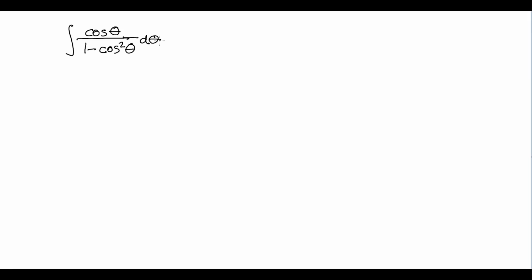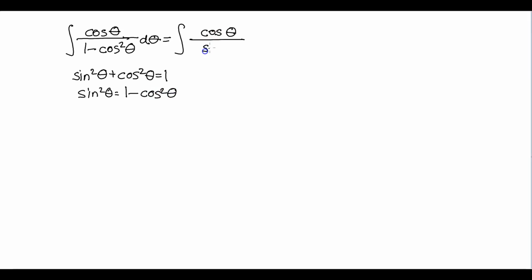So it looks like you give up. No, you do not. Because the bottom one should be kind of familiar to you. It's a trig identity. You could use the fact that sine squared theta plus cosine squared theta equals 1, so sine squared theta equals 1 minus cosine squared theta.